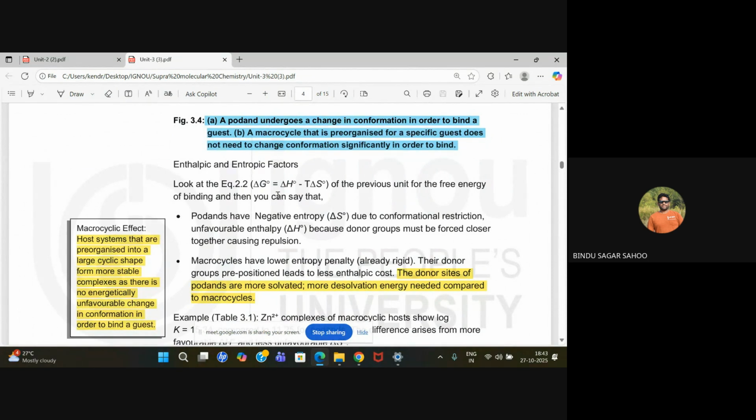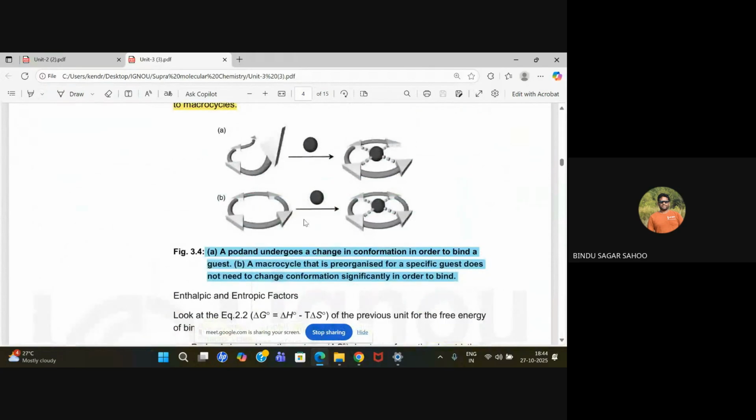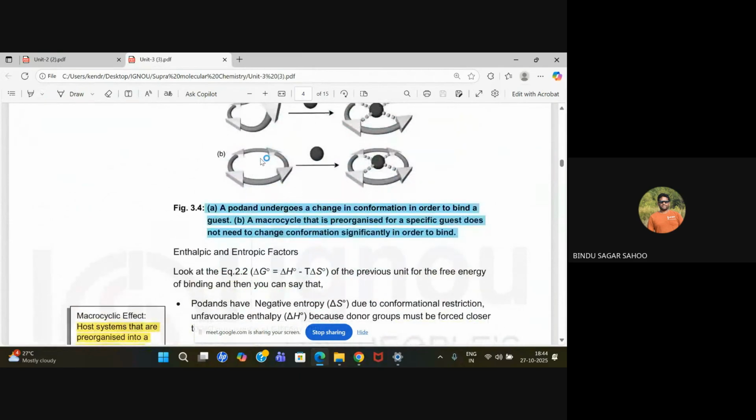And in macrocycles, there is a particularly lower entropy penalty because it needs no more randomness inside the structure. It's already a rigid, stable structure. So here the entropy penalty is small due to its restricted motion.